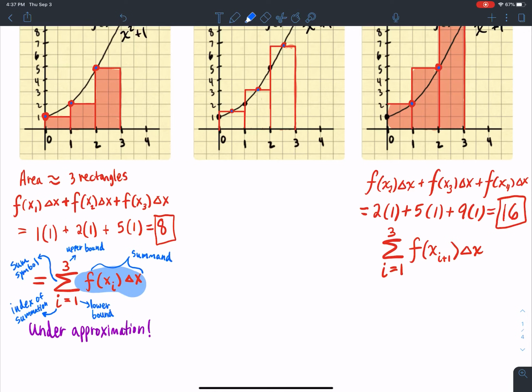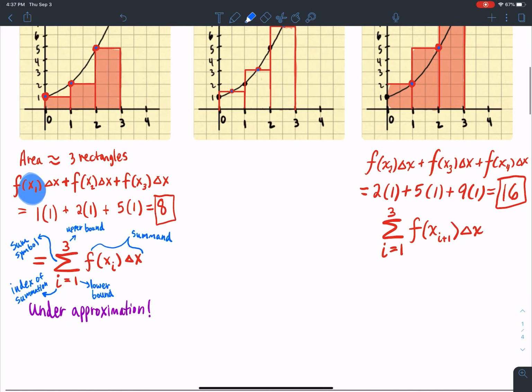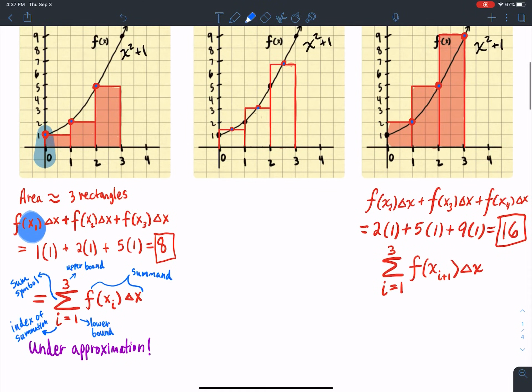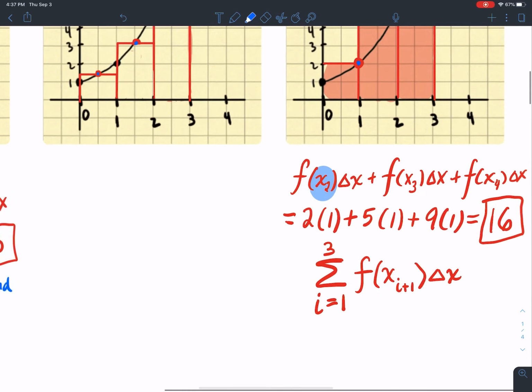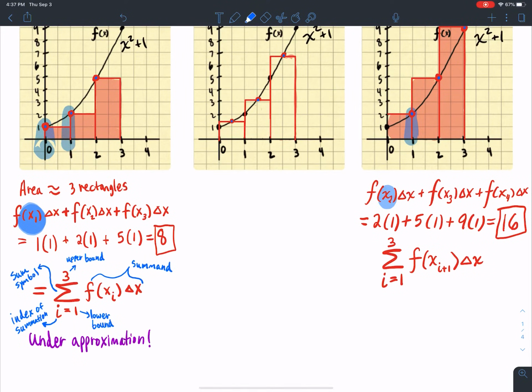Well, if you notice, the x we started with here was x1 because it was that first one there. The x we started with here was x2 because it was that second one there. So we used those three there and we used these three here. So I needed to add 1 to start at the next one instead of starting at the first one.